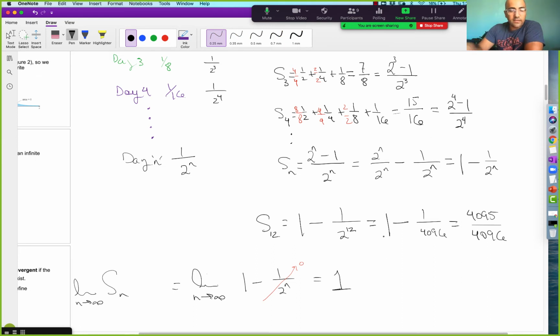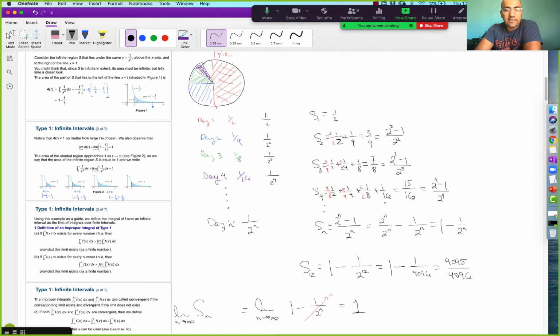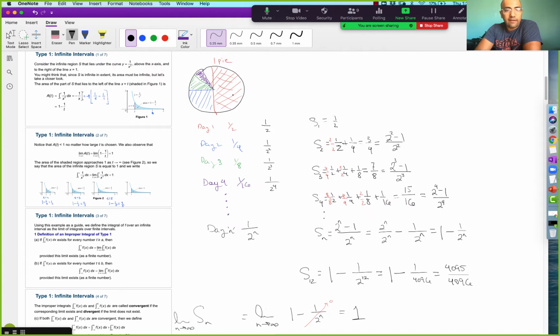Which would make sense because we started out the whole process by saying let's start off with 1 whole pie, and then you start eating it in a particular manner: half now, half tomorrow, then the other half, then the other half. As we keep going, day 1, day 2, day 3, day 4, eventually we're going to have one whole pie.